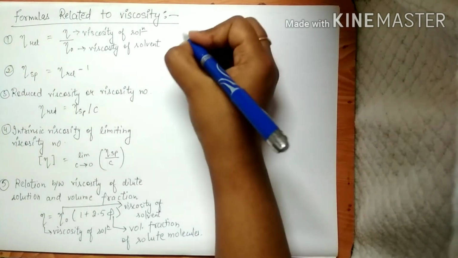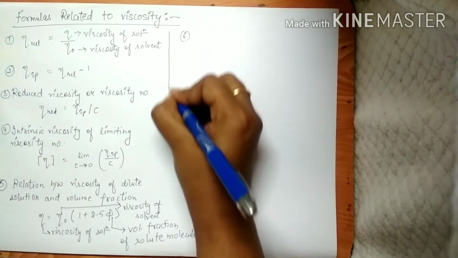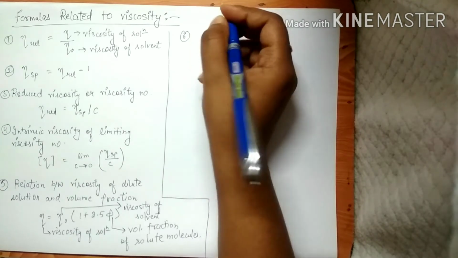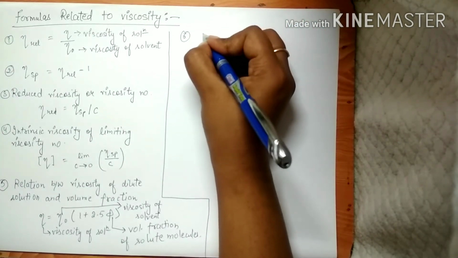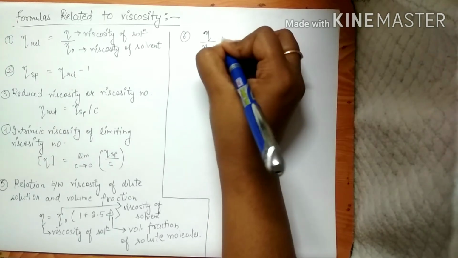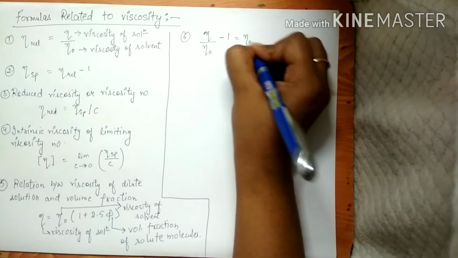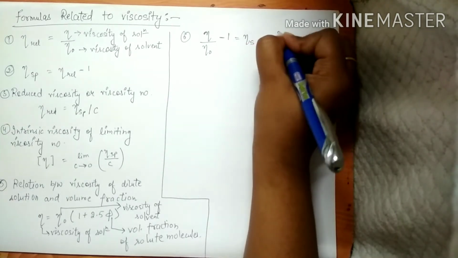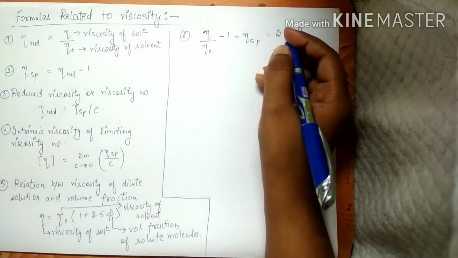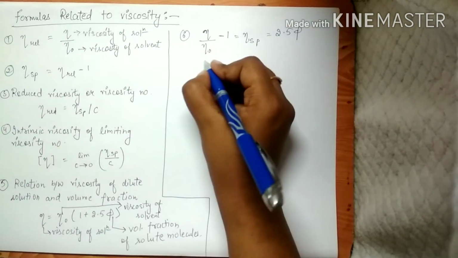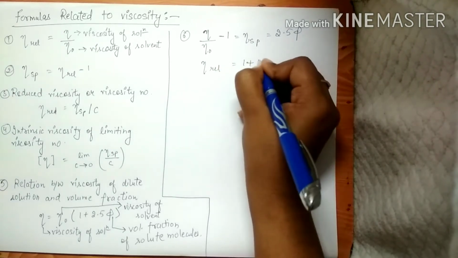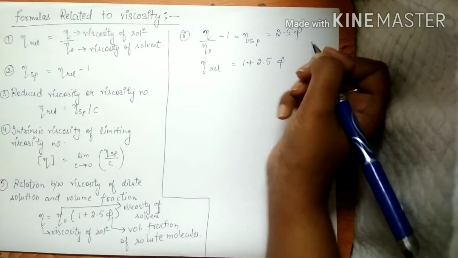Now some more formulas. The sixth formula is actually a relation, that is eta upon eta naught minus 1 is equal to eta specific, which is further equal to 2.5 into phi. From here we can derive some of the formulas, like eta relative will be equal to 1 plus 2.5 into phi.